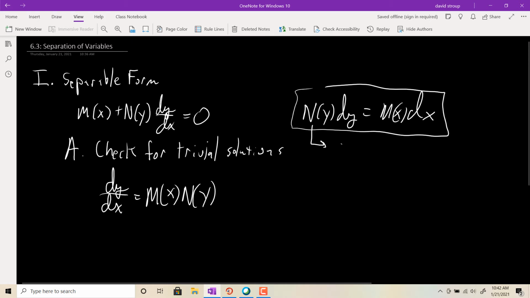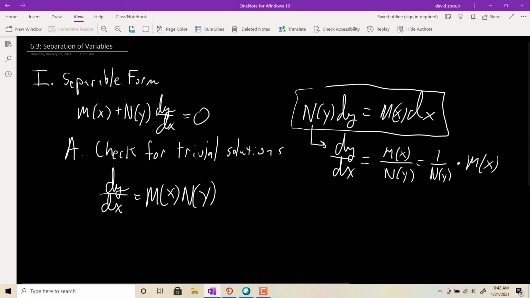You could just divide both sides by n of y, and put it in the form m of x all over n of y, which is basically going to be some function of y. Even though it's a reciprocal, it's still some function of y. There's only a y variable in it, times some function of x.